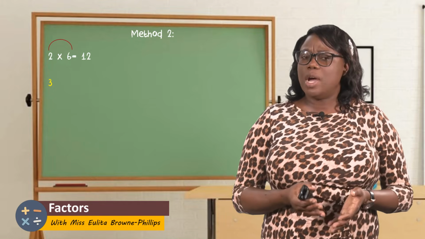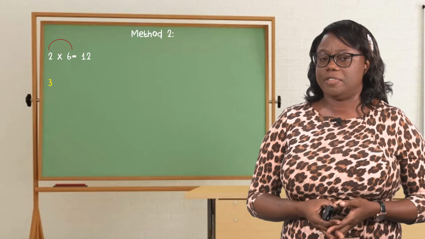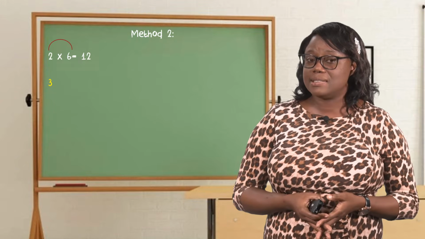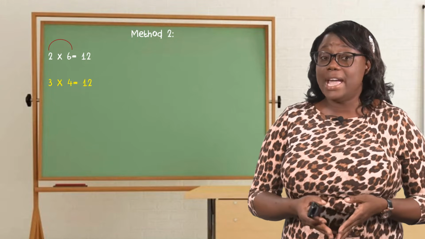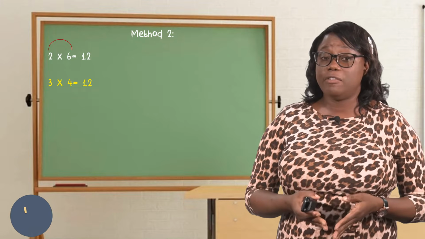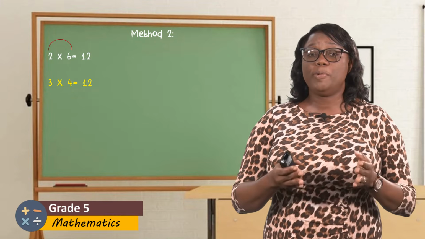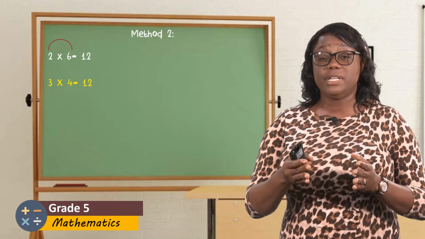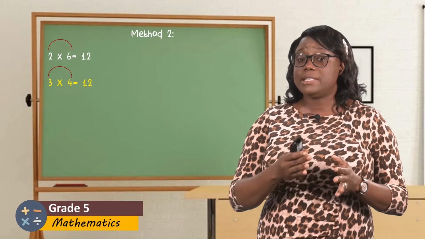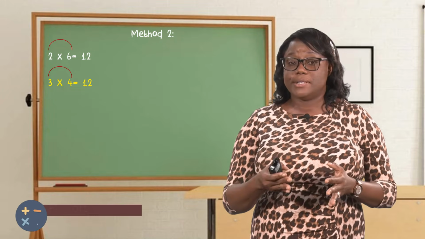3 times what will give us 12? Think about it. 3 times 4 will give us 12. So we put our 3 and 4 between. Do not forget to place your arch over the numbers.